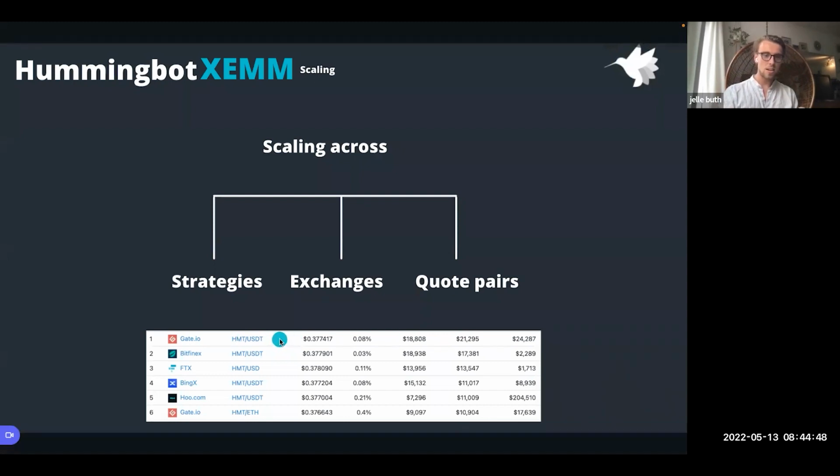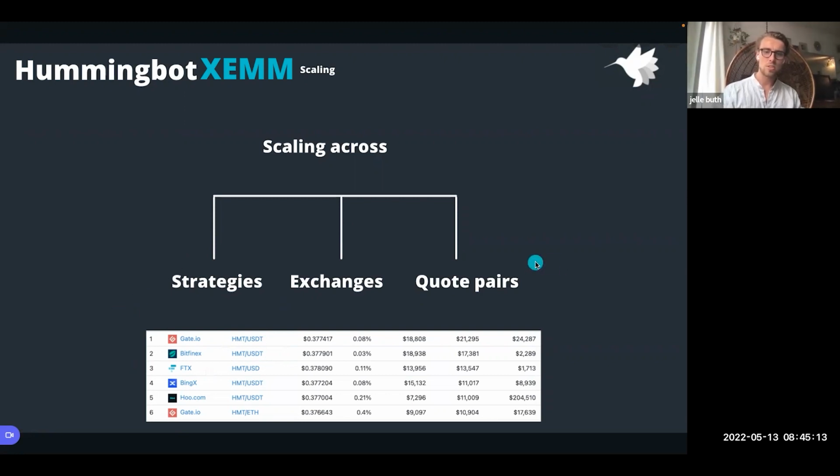So let's say I market make on HMT USDT, and for one strategy I use Bitfinex as my taker exchange. For another strategy I use FTX as my taker exchange, and for another strategy I use another exchange that is available. So you can really scale up the funds per campaign that you're running this strategy on, next to maybe running it for a pure market making strategy.